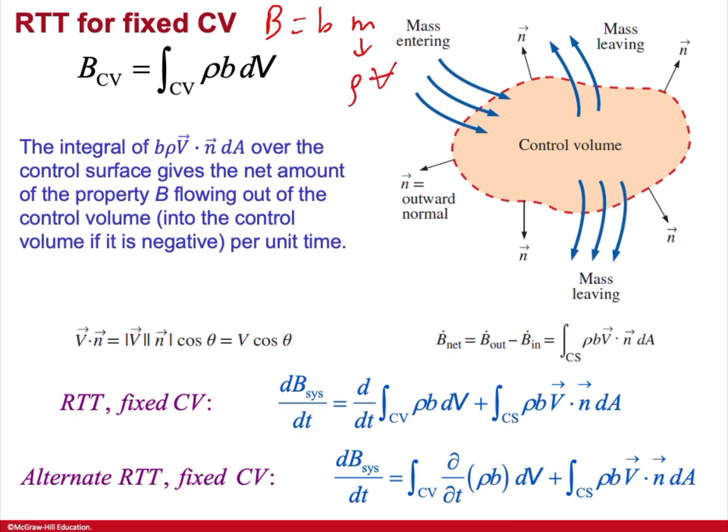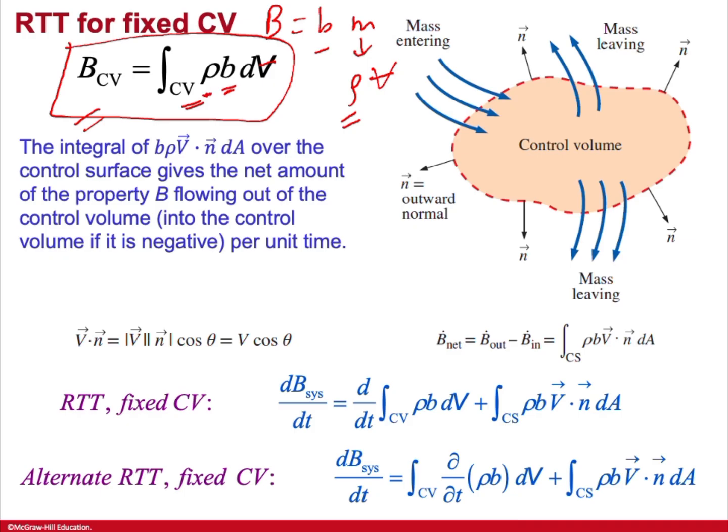So in a general sense, if the density is a variable, you'll have to integrate it over the complete volume, and if small b is also variable, to get this total B. If it's, let's say, total mass of a volume, you will have to integrate the density over the entire volume to get the total mass. So that's what this integral essentially represents. You can rewrite capital B as the integral over the control volume of small b times density.